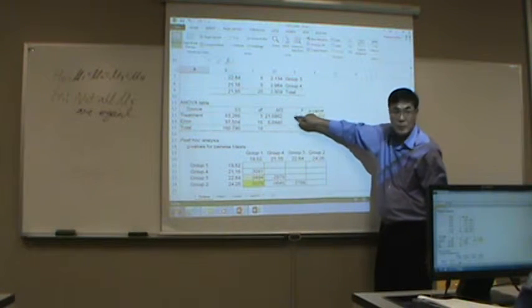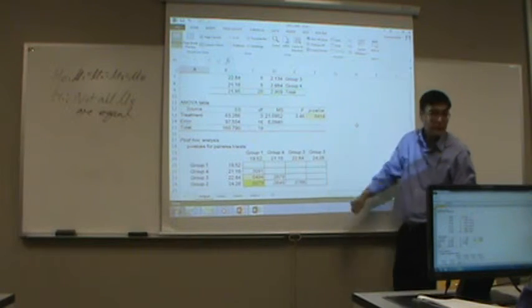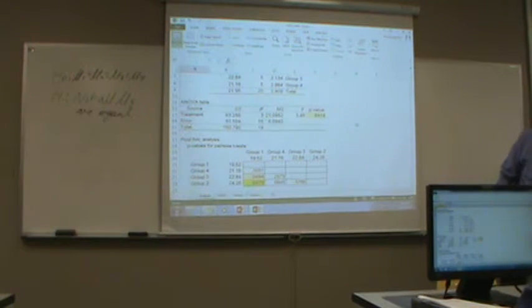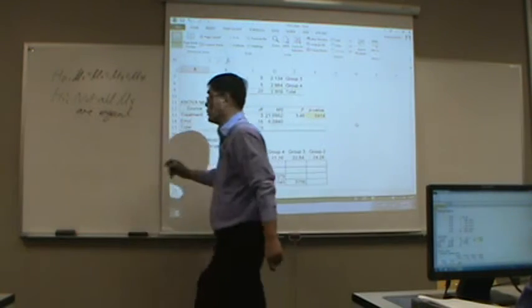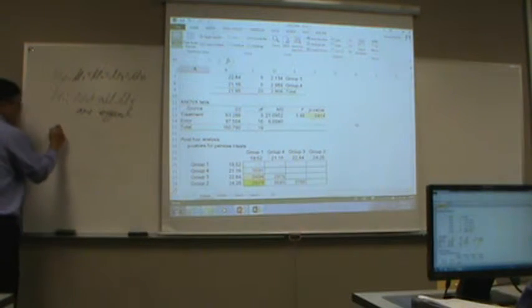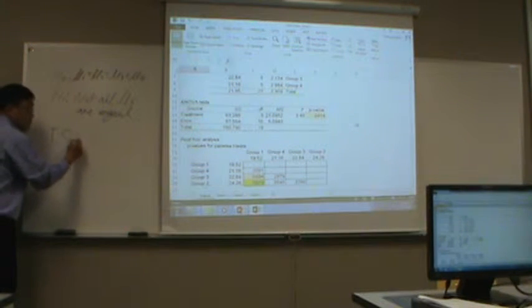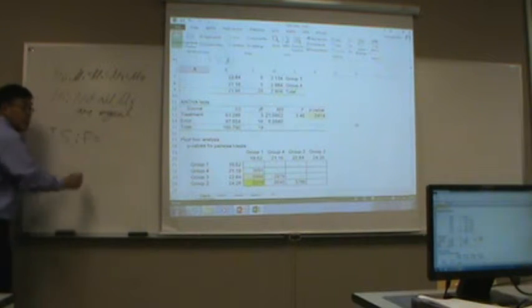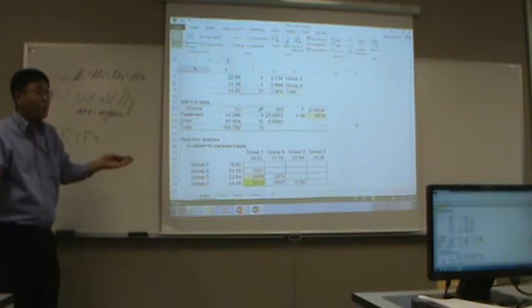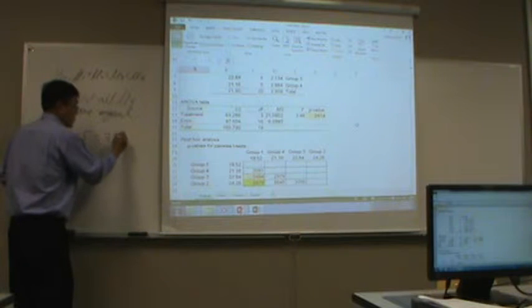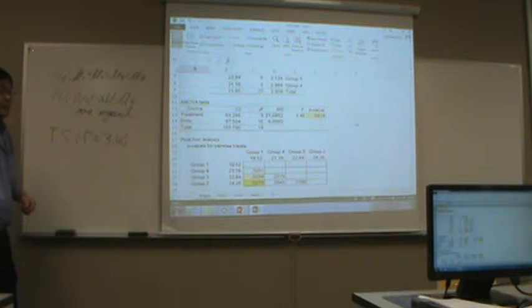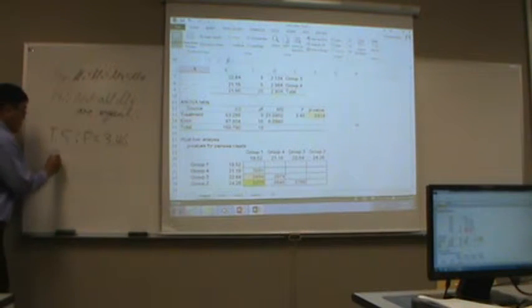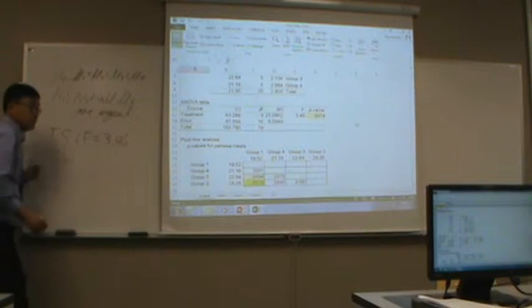This one is test statistic for this ANOVA test. So test statistic for this test is F equals 3.46. Okay, now we need critical value.